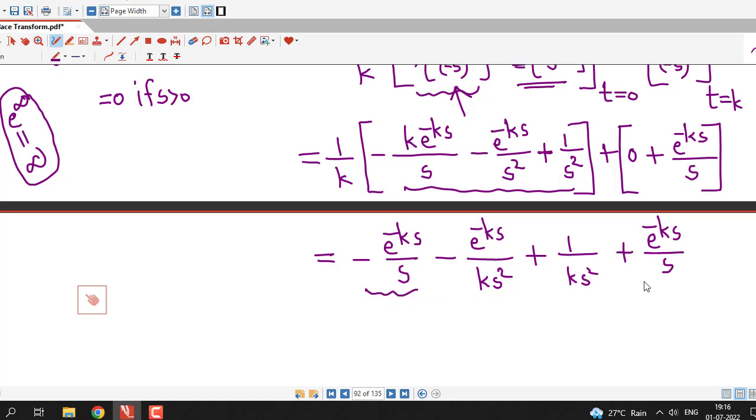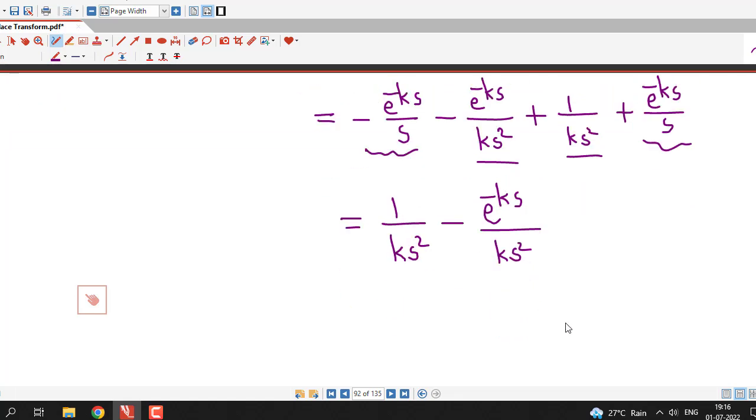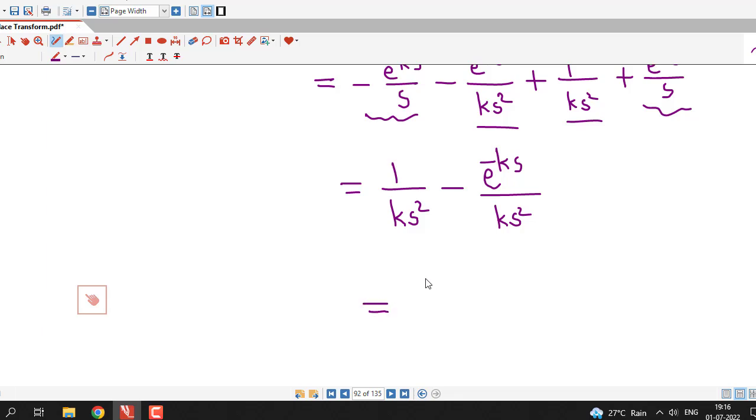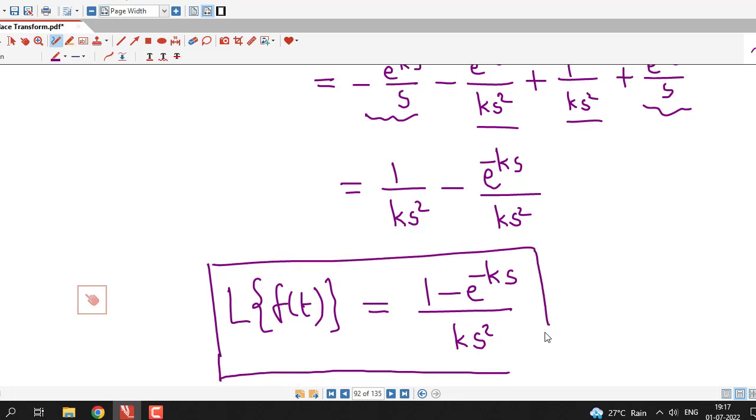So these two quantities will cancel each other, and we are left with 1 by k s square minus e raised to minus ks divided by k s square. And if we take the LCM, we can rewrite this as 1 minus e raised to minus ks divided by k s square. So this is the Laplace transform using the definition, and we can compare this answer with our previous answer which we have obtained using the unit step function.